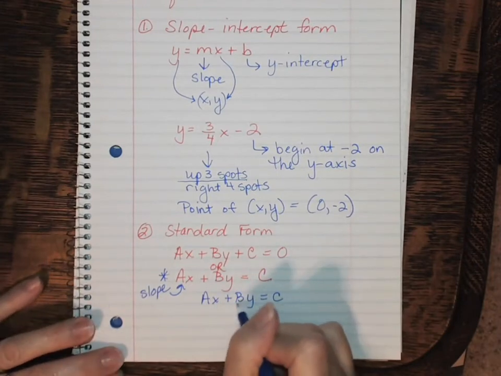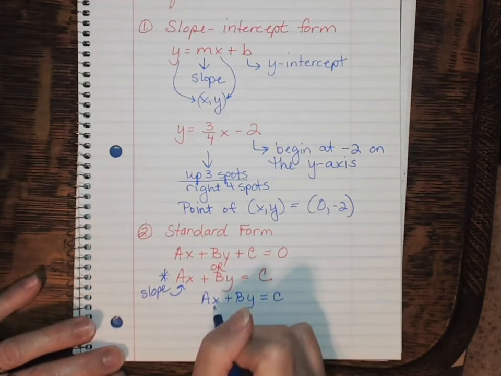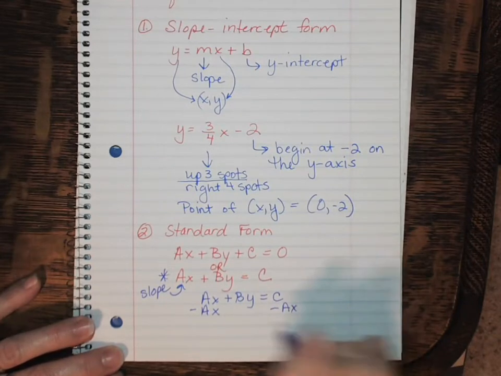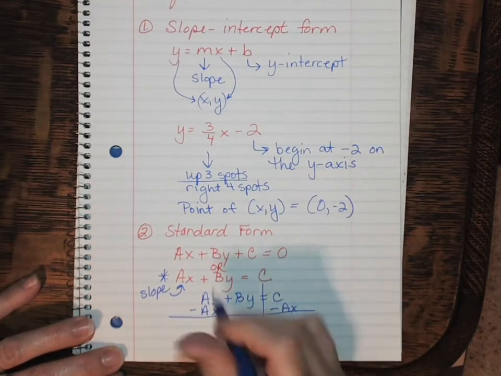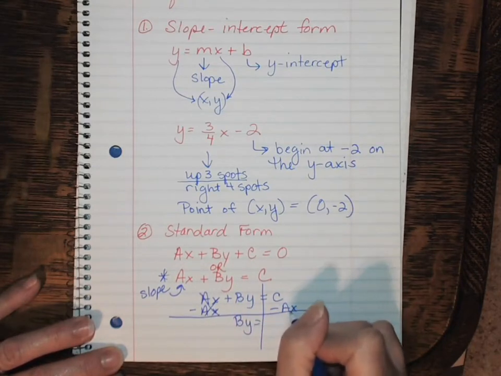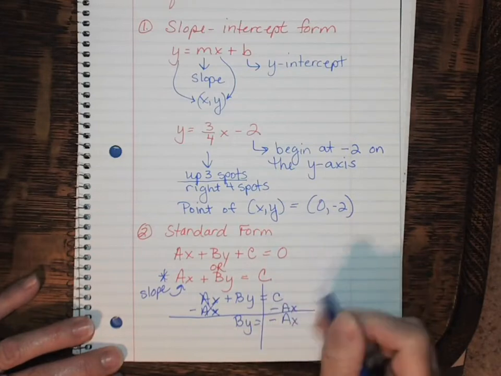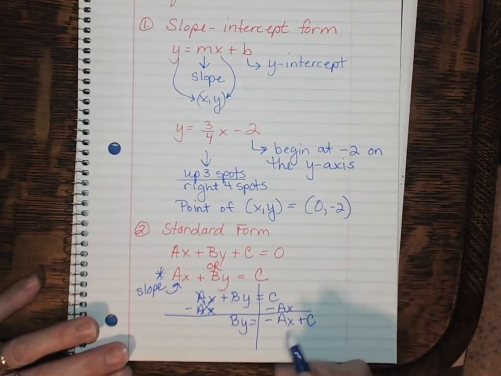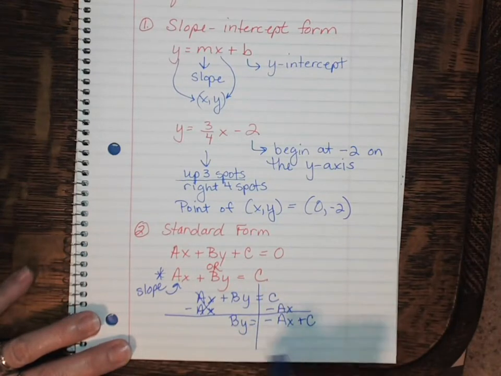So I have by on the left. I want to move the ax. I'm going to do the inverse property here and move that over. So these cancel. I have by equals negative ax, and this is a positive c, so it's going to be plus c. You'll see why in a second.